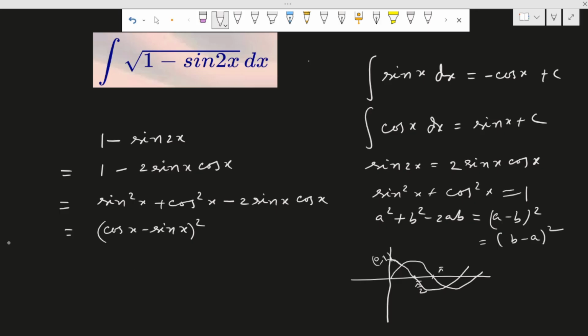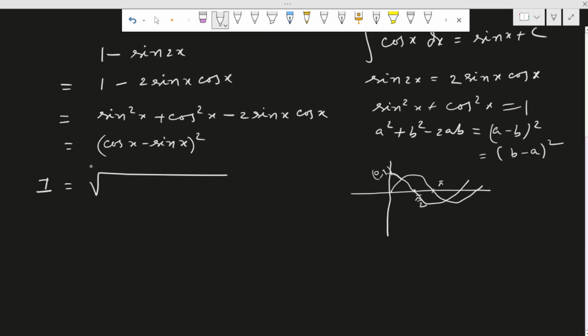Therefore the original integration I is equal to integration of square root of 1 minus sin 2x dx.